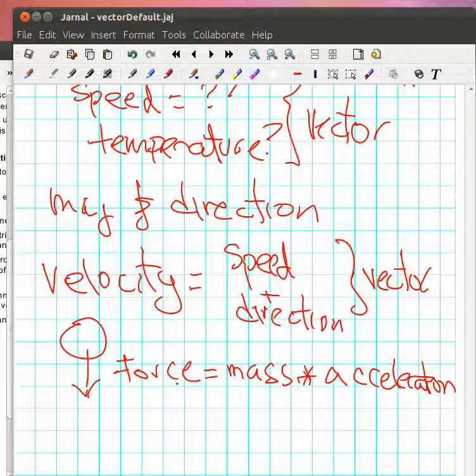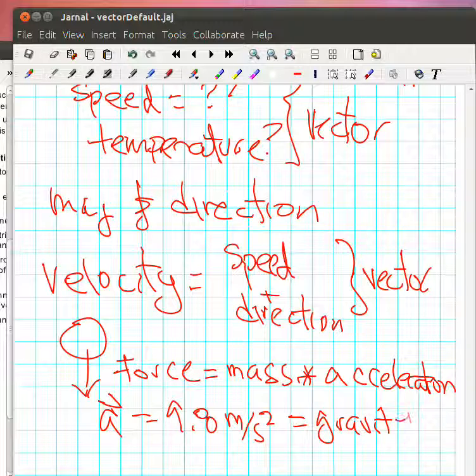Acceleration is 9.8 meters per second squared. Now that's gravity, the acceleration of gravity. So we can see that it has a magnitude and it has a direction, and so force, because of acceleration, is also a vector.